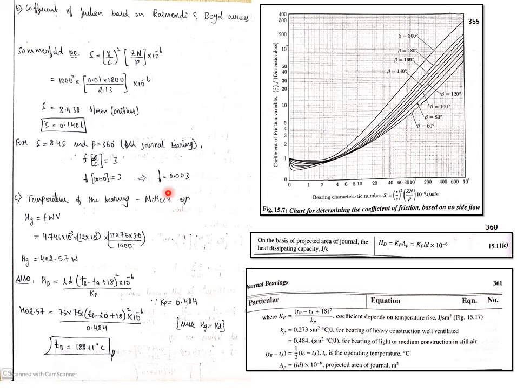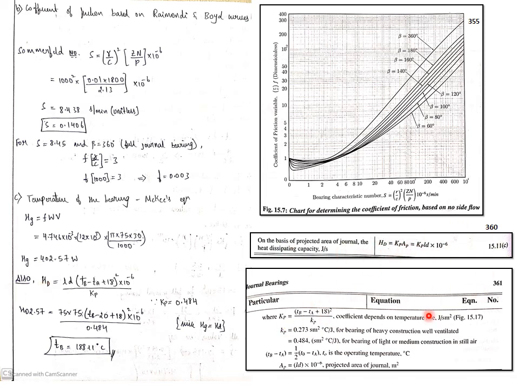Okay, coefficient of friction. Now next is to calculate the temperature of the bearing according to Mecker's equation. Now we know the heat generated is equal to F into W into V. Okay, F you know, W you know, and V is pi dN by 1000, that is, you are converting diameter into meters. You will be getting the value of Hg. Similarly, Hd, you can see here the formula for Hg, Hd.